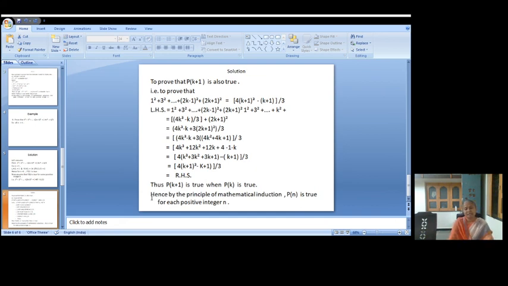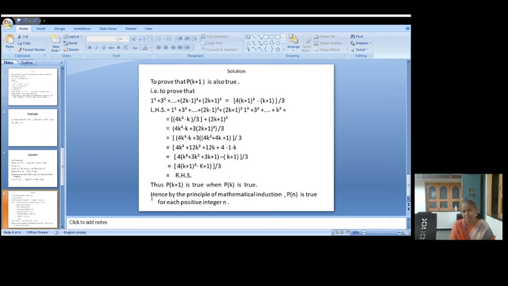Now we take the terms in descending order, that is 4k cube plus 12k square plus 12k minus k plus 3, whole divided by 3.